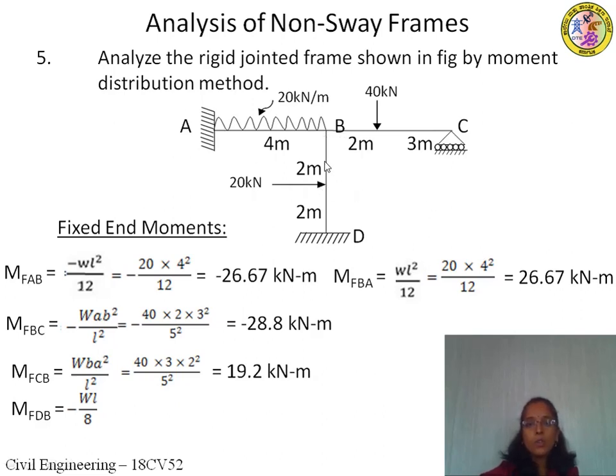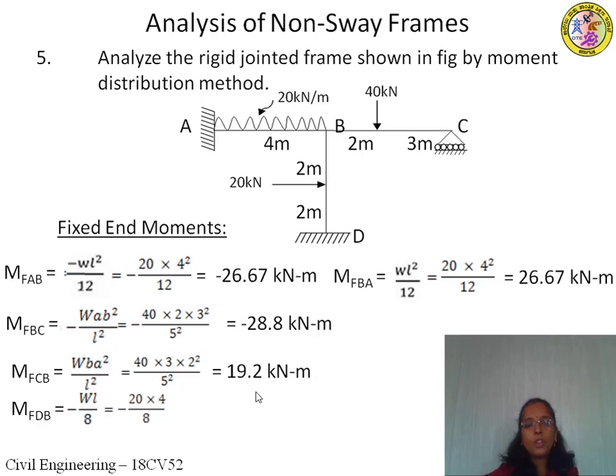So to make this load act in the downward direction, we have to rotate this BD member in the clockwise direction. Then D will be the left end. D becomes the left end and B becomes the right end. Therefore, it is taken as minus WL by 8. So same thing, W stands for the magnitude of the point load 20, L is span of the member BD.